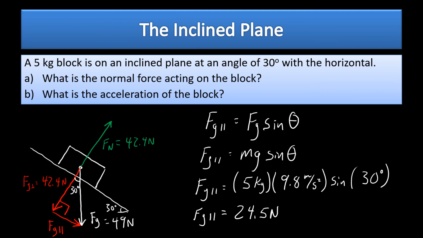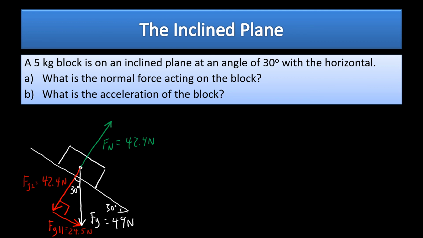So let's write that in, and we'll use that force in our net force equation. So now we can write the net force in the parallel direction is equal to, how many forces are acting in the parallel direction? Only F_G parallel.